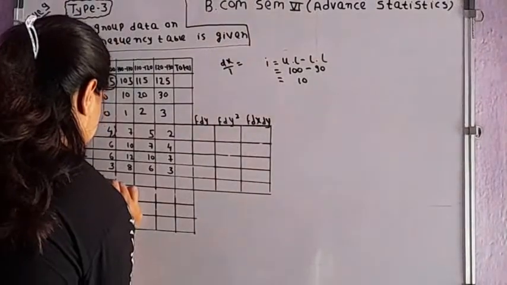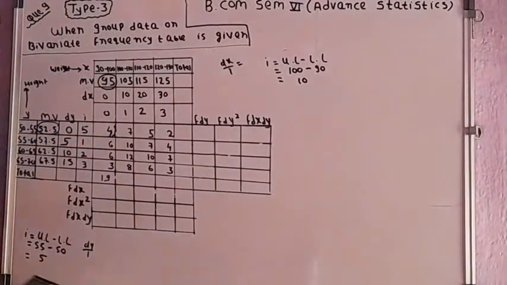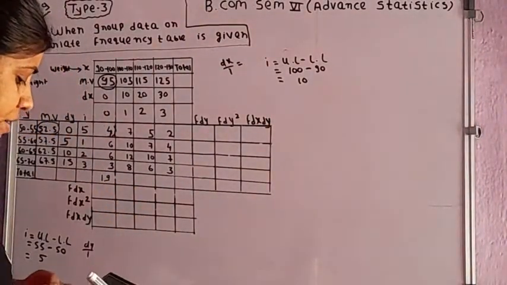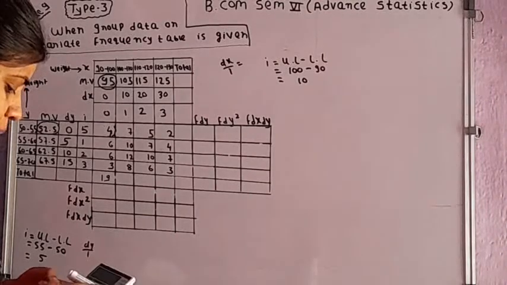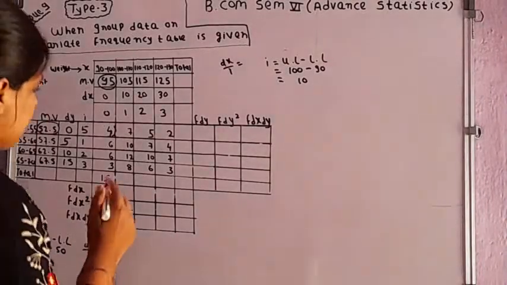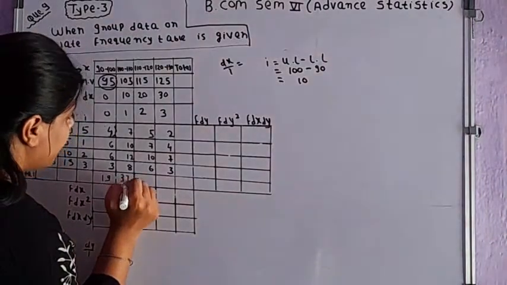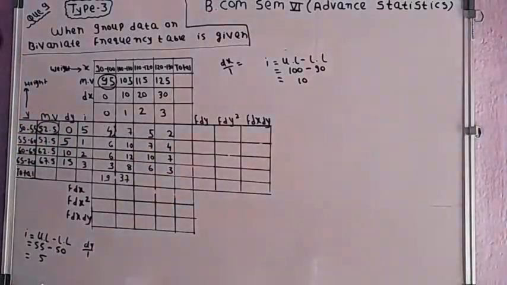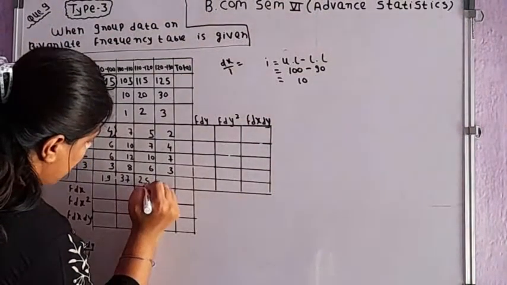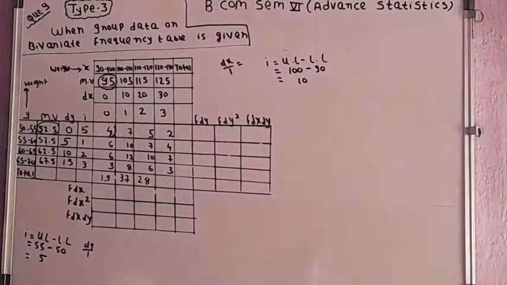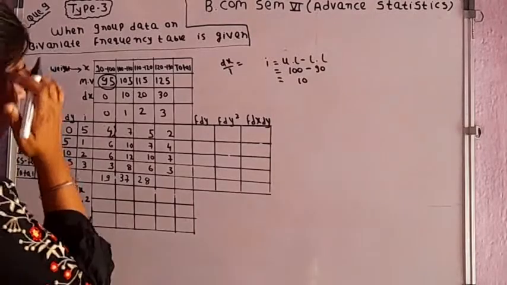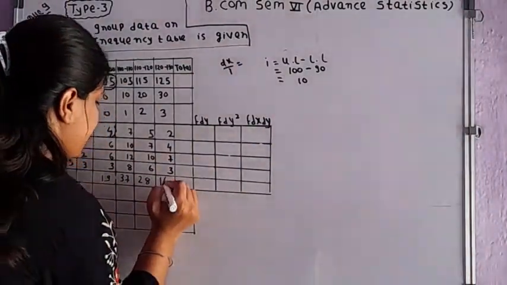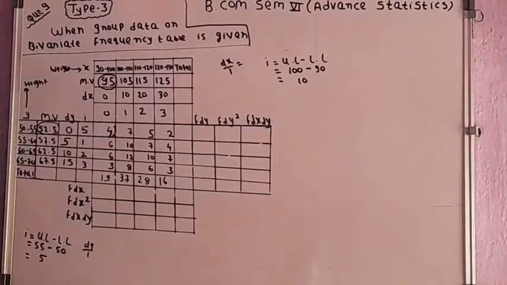After that, 7 plus 10 plus 12 plus 8 comes to 37. After that, 5 plus 7 plus 10 plus 6 comes to 28. After that, 2 plus 4 plus 7 plus 3 comes to 16. This way we have calculated the frequency totals for the items in the X series.